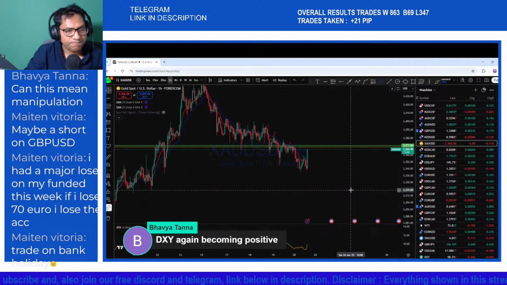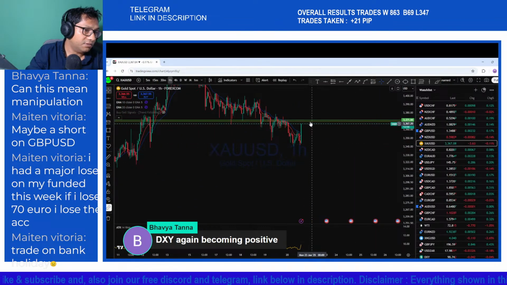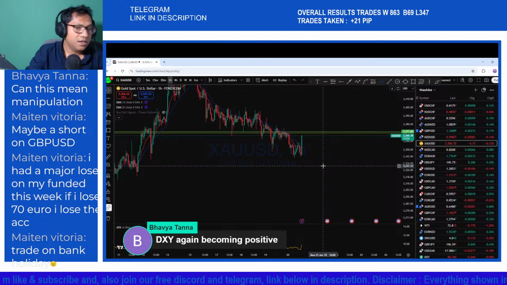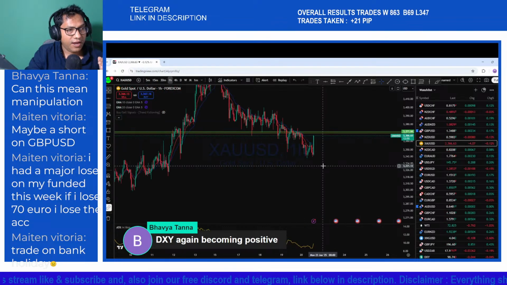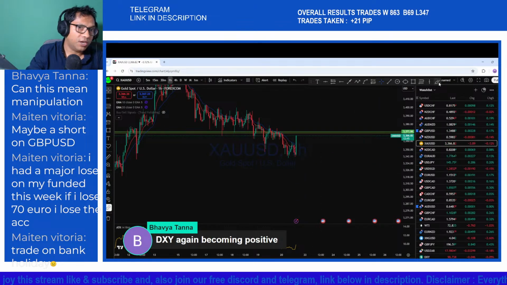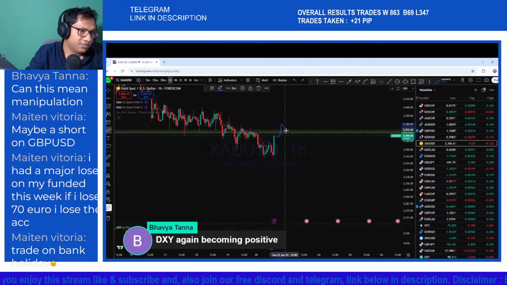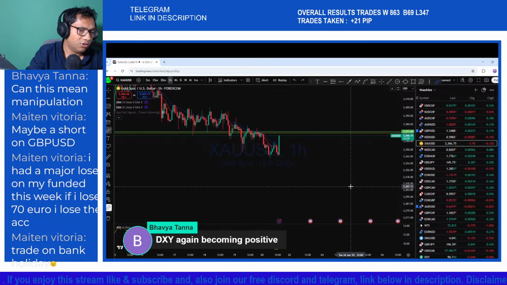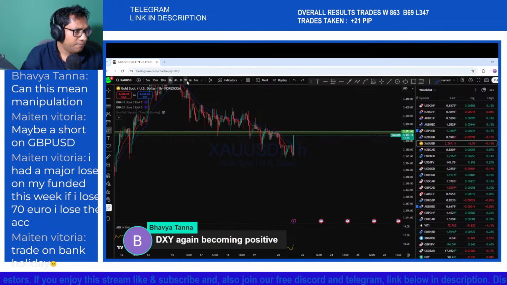What do you think? It's possible, but we can see this is one single move to the upside on the 1 hour, and it is possible for the next one to sharply drop back down, or we might see a trend change call, because it's the end of the week.